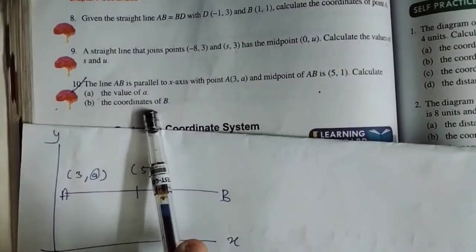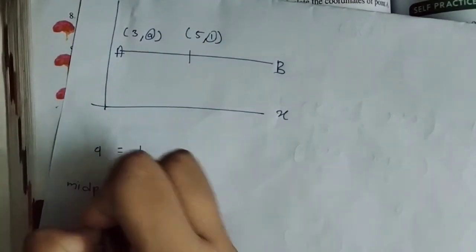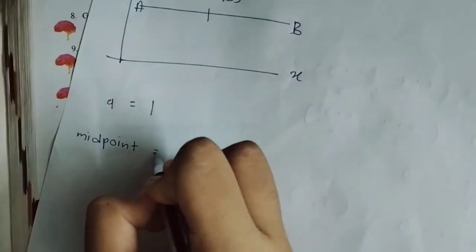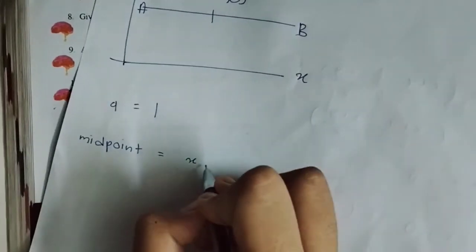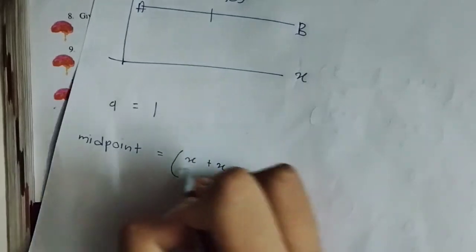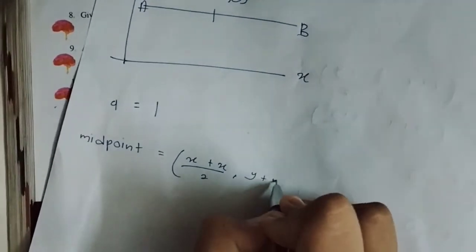The coordinates of B. We will also use the midpoint formula. x plus x over 2, y plus y over 2.